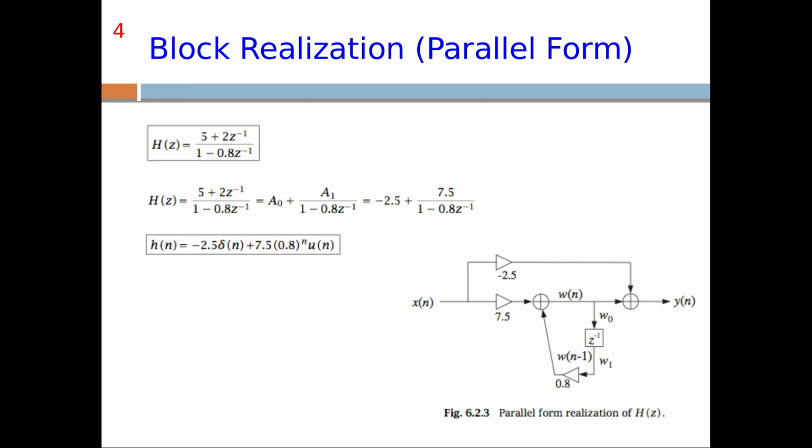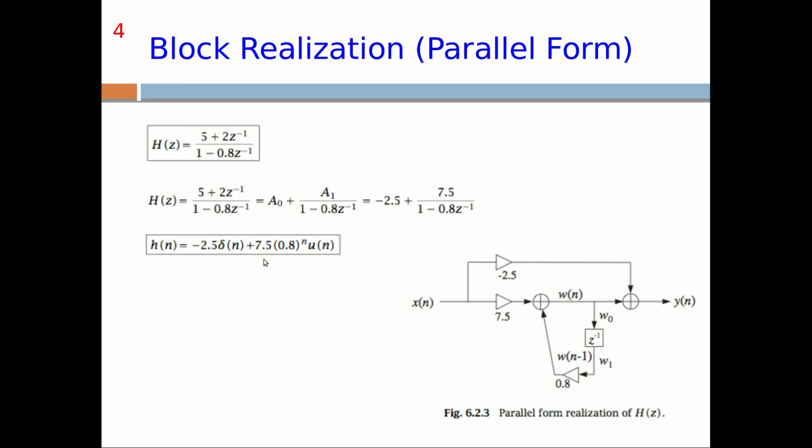Here h(n) is nothing but the impulse response of the system, which is obtained when an impulse function delta(n) is given as input to the system. We also know that u(n) is nothing but a collection of impulses for n greater than 0. This diagram here shows the parallel form realization of H(z), which is nothing but this equation.